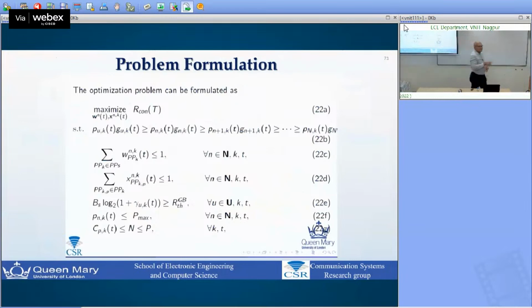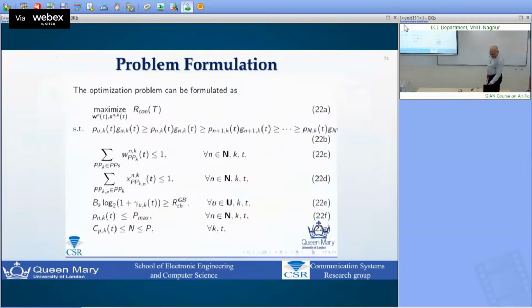From that, you can find the interference that it could tolerate. The grant-based user can tolerate this amount of interference. So, based on that tolerance, grant-free users can select their power within that tolerance level. The base station calculates this for the grant-free users.